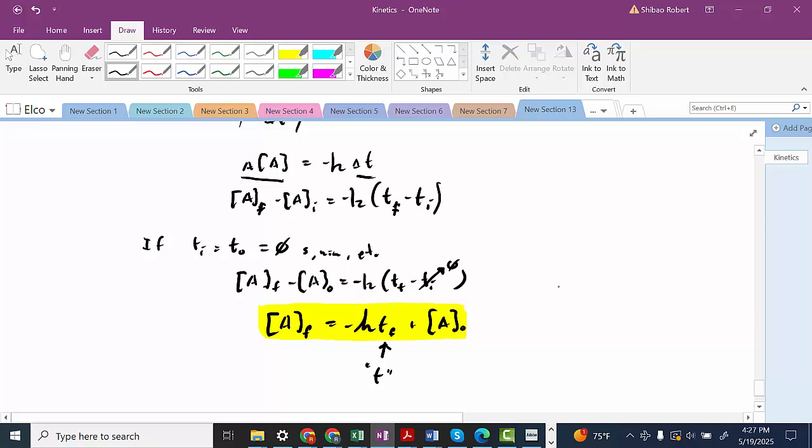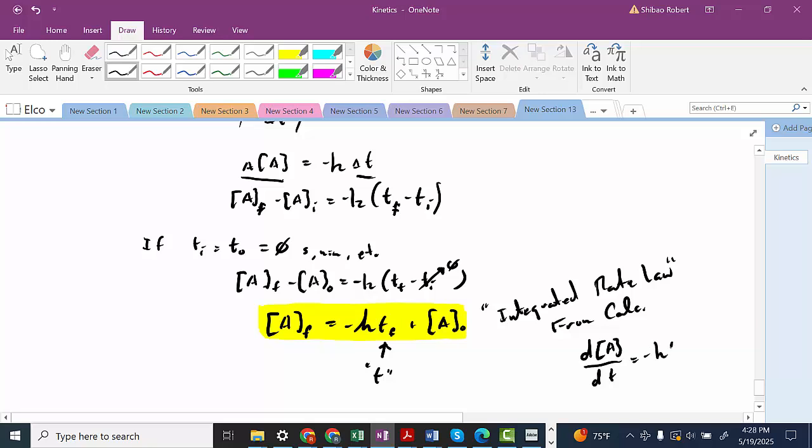So this is what is termed the integrated rate law, and the integrated rate law, we could figure this out from calculus. The origin of the integrated rate law here is from calculus. And so what we do here is we have dA, when we have this small delta over dt is equal to minus kt.